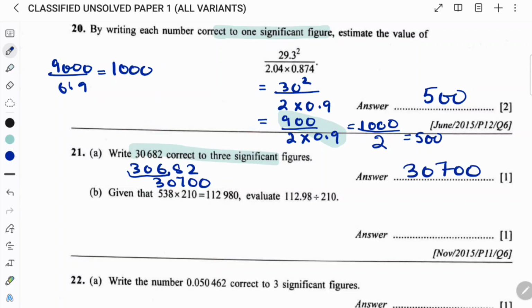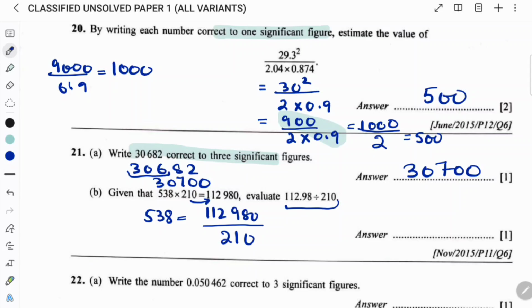Given that 538 times 210 is 112,980, evaluate this one. So we do according to it. 112,980 divided by 210 is 538. We just divide by this 210 to the other side.